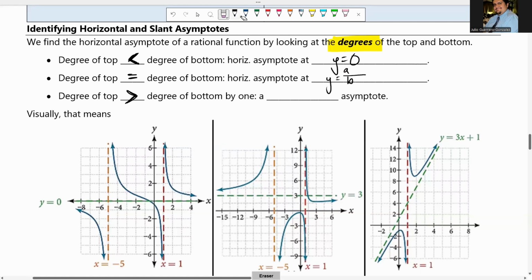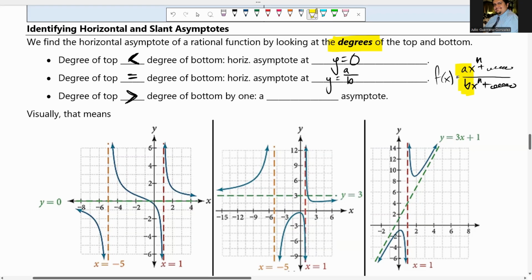What I'm saying here is you have an f of x equal to a x to the n plus, and I don't care what the rest is, divided by b x to the n plus, and it doesn't matter what the rest is. So if the degrees are the same on top and bottom, you just get to divide those front terms. That's it.